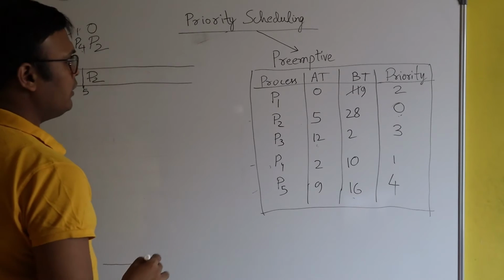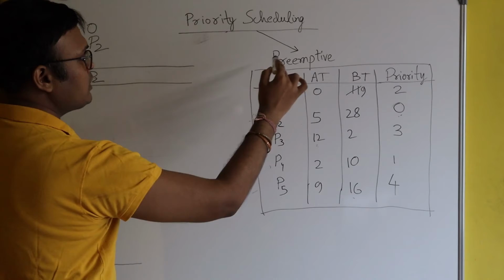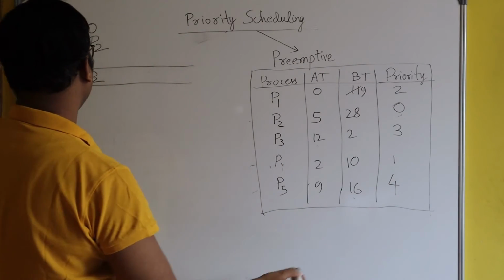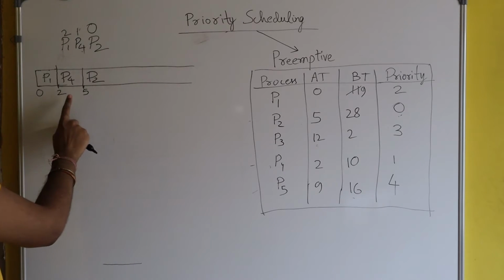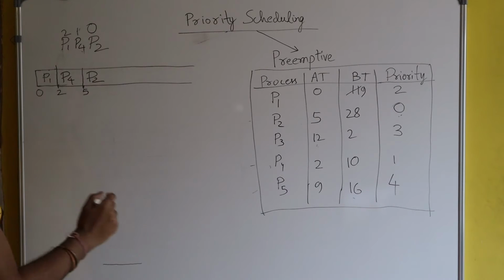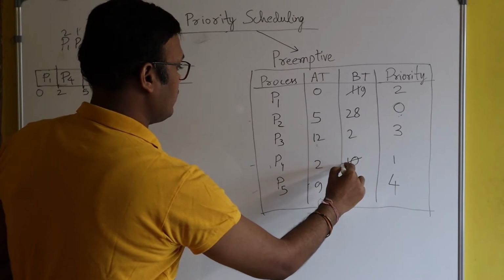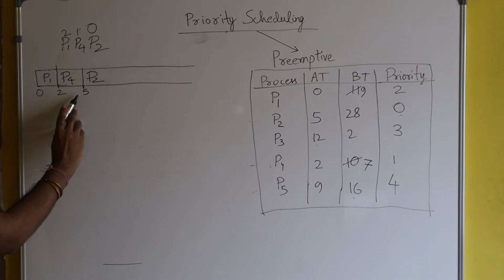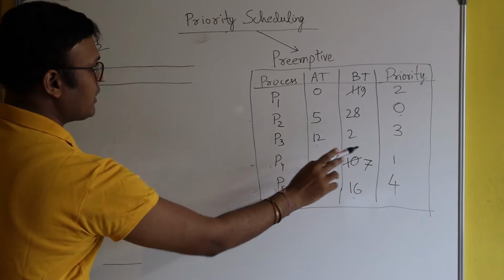You can also see that P2 has the highest priority among all the processes in the table. Also, P4 ran for just 3 seconds, so the burst time left for P4 is 10 minus 3, 7.